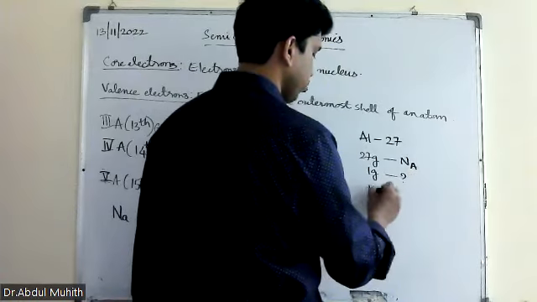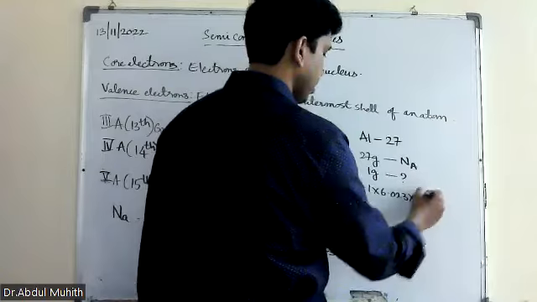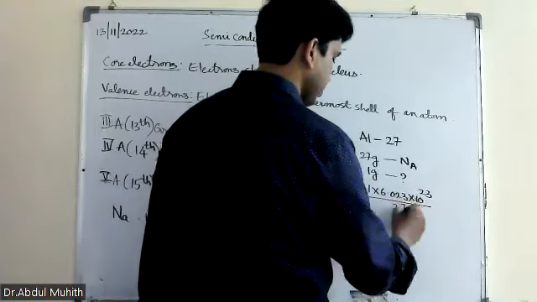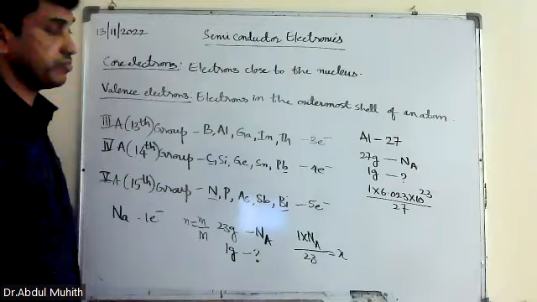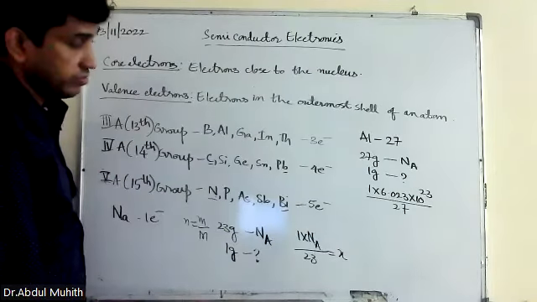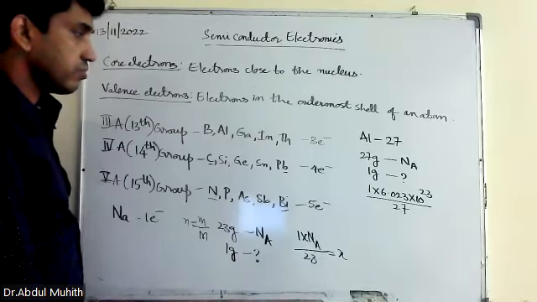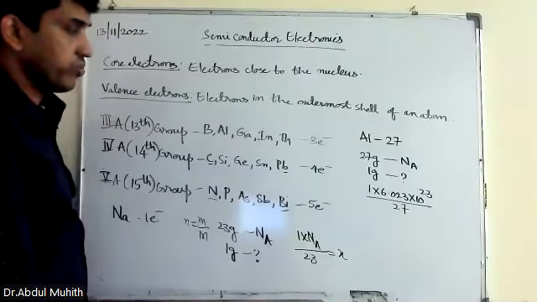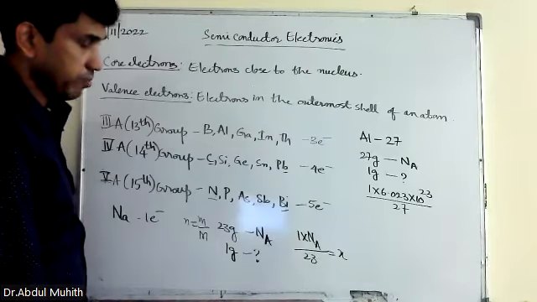So multiply 1 into 6.023 into 10 to the power of 23 divided by 27. Is that clear? 6.023 into 10 to the power of 23 by 27. So that many atoms are there.